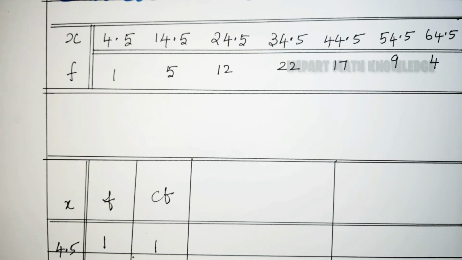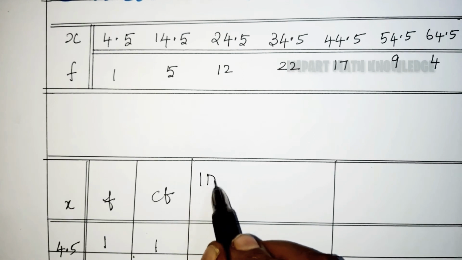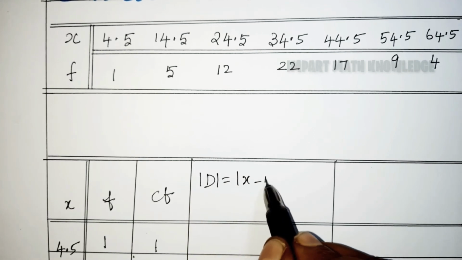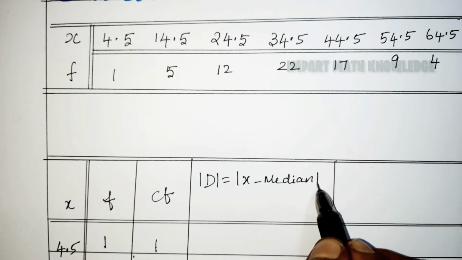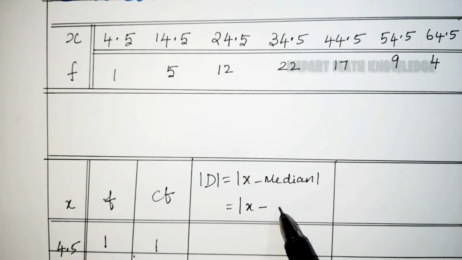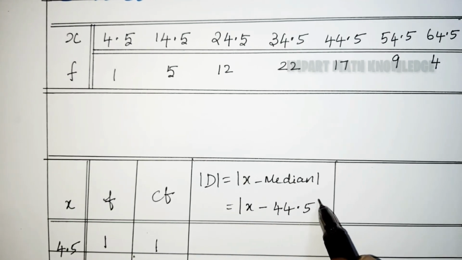Next we have to find mean deviation about median. For that we have to find mod D. Mod D is equal to x minus median. That is x minus 44.5.